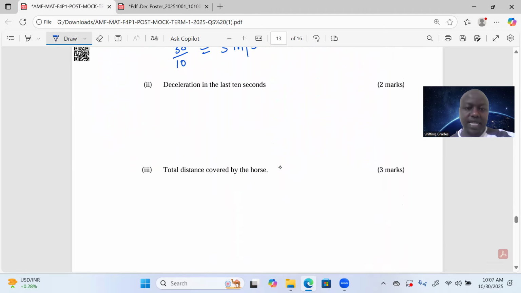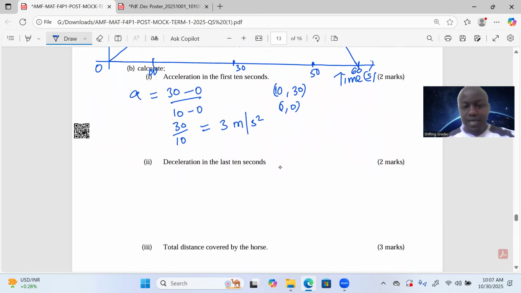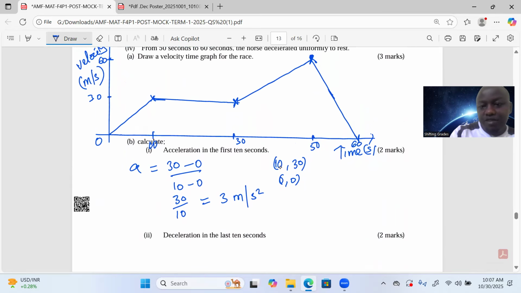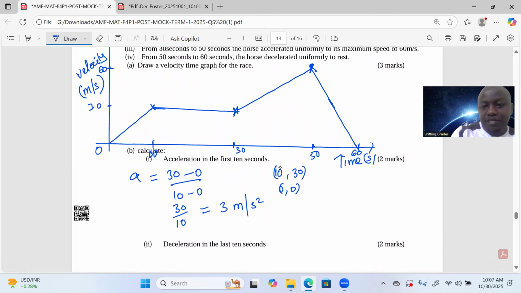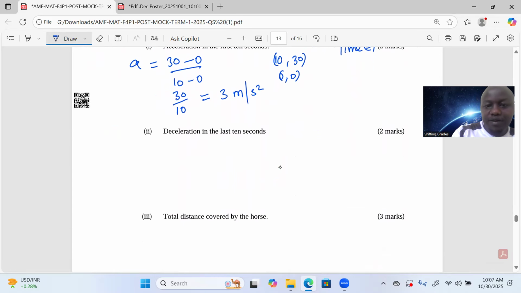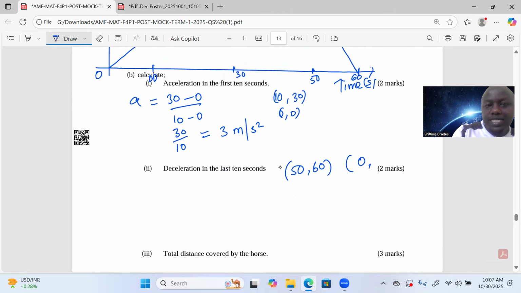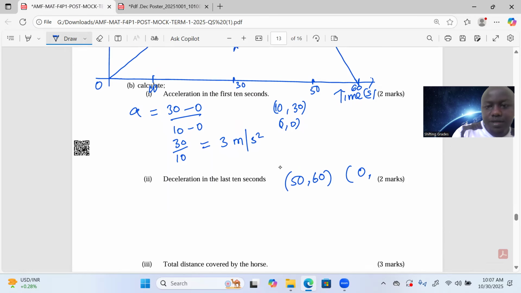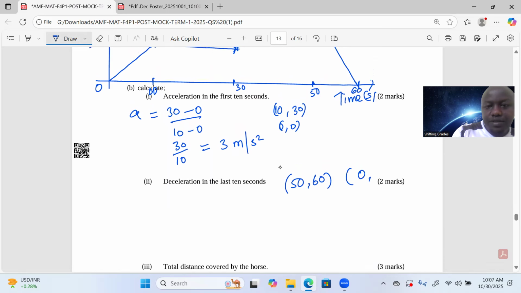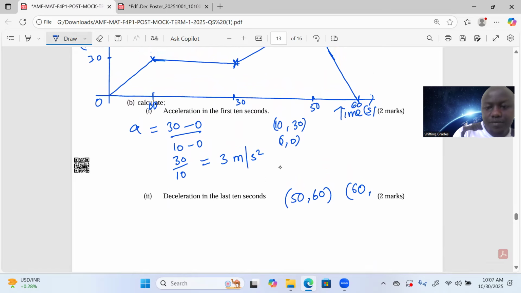Determine again the deceleration in the last 10 seconds. We are having time 50, velocity 60. Then it changed to time 60, velocity 0.